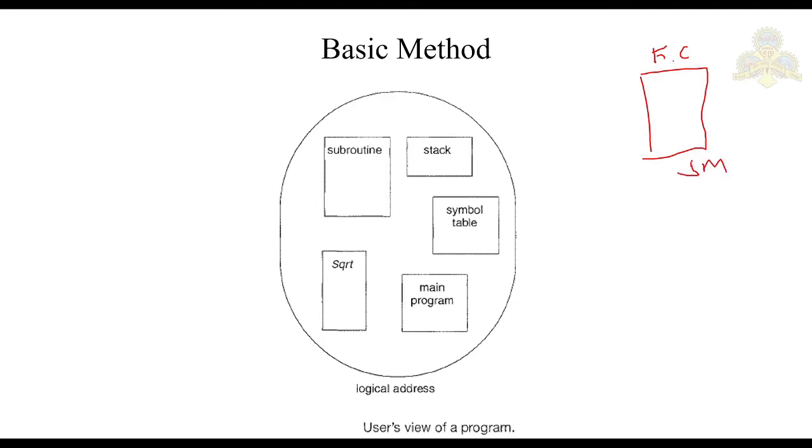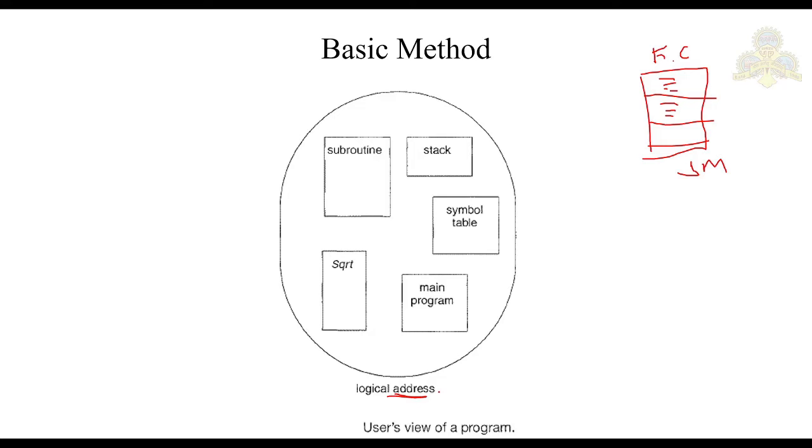So what we thought is that this factorial.c, which is our process, would be divided into multiple equal sized partitions, and each partition we call a page, right? In that page, some instructions of your factorial.c will be present. Say 5 instructions are present here, 10 instructions are present there, something like that we had seen, right? But how a user actually prefers to view a program is something like this. So this is your logical address.